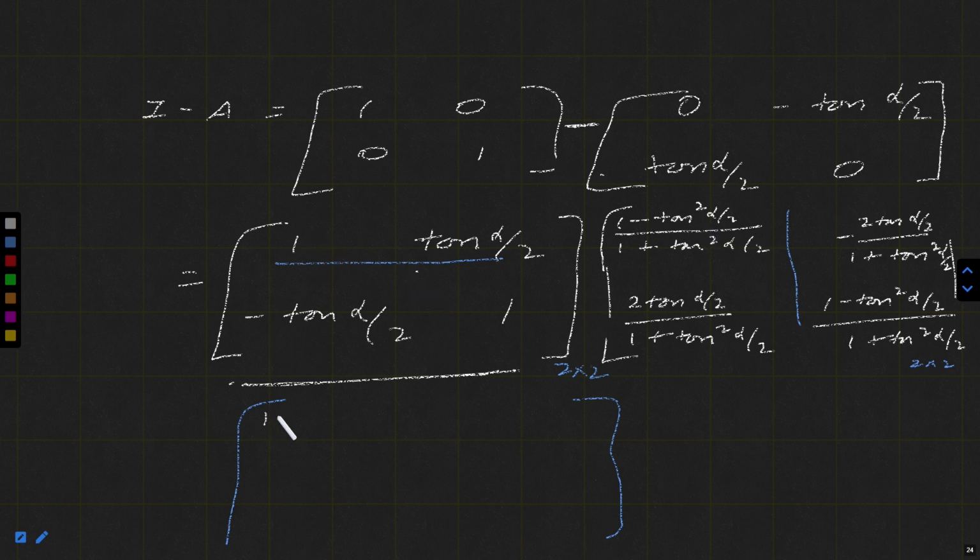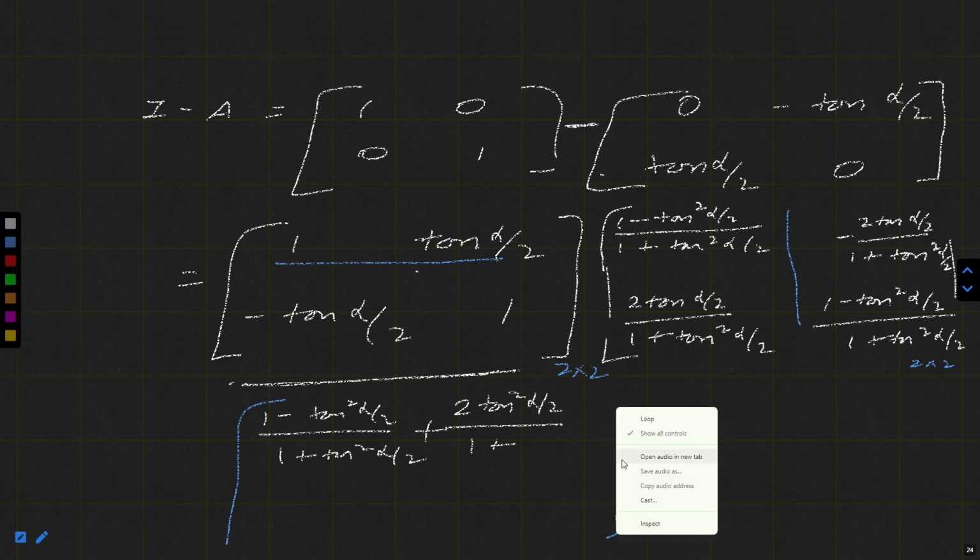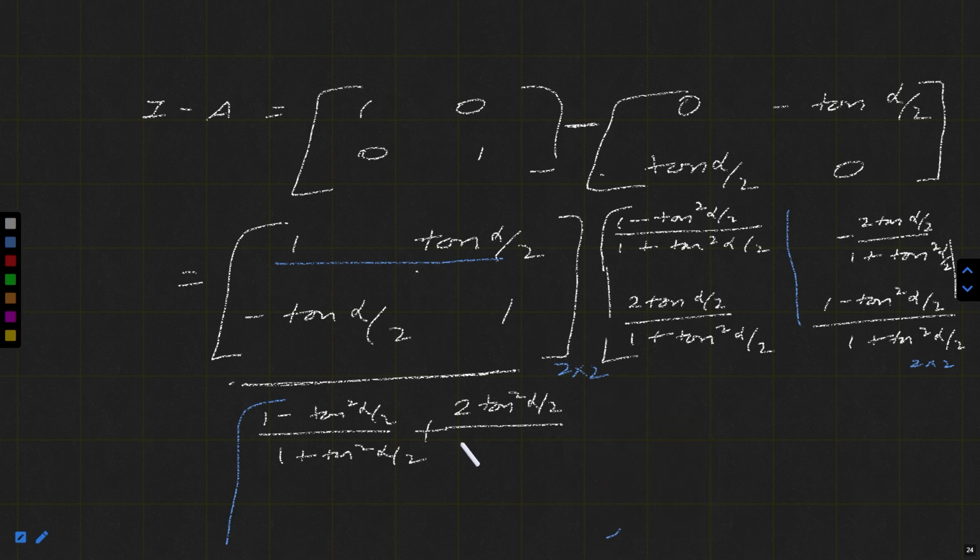You will get 1 minus tan square alpha by 2 over 1 plus tan square alpha by 2, and this will be multiplied with this, plus this. If you multiply this, you will get 2 tan square alpha by 2 divided by 1 plus tan square alpha by 2. Let me simplify it more so that I will have some extra space.